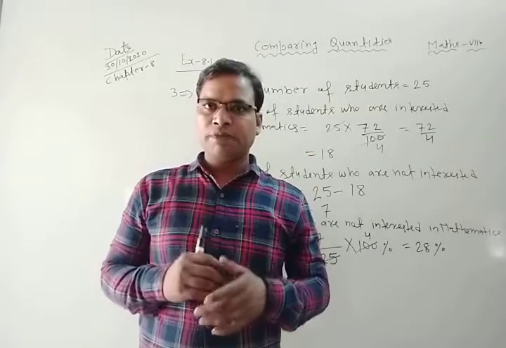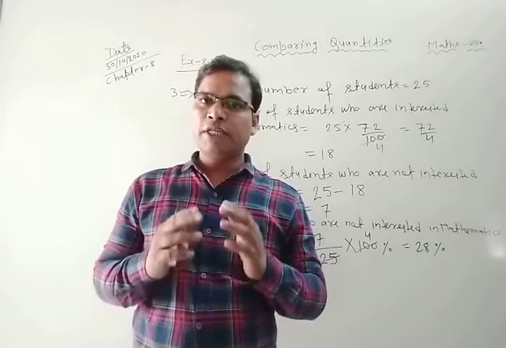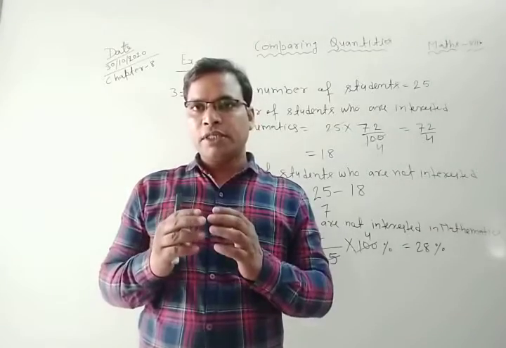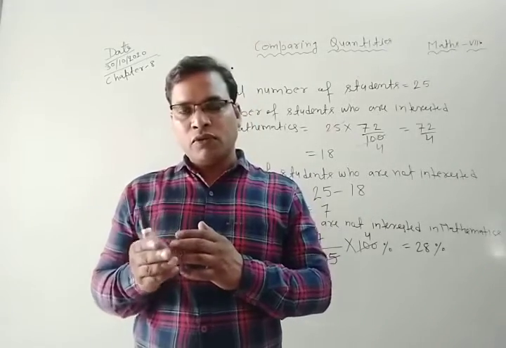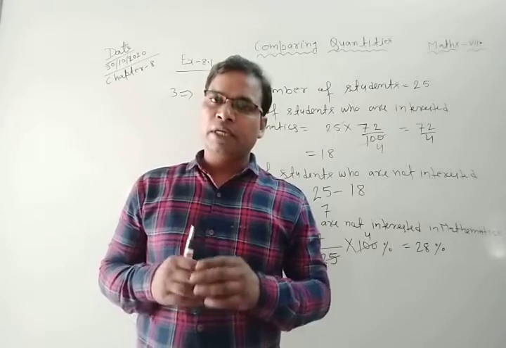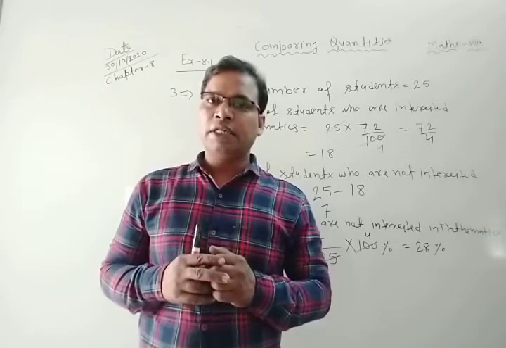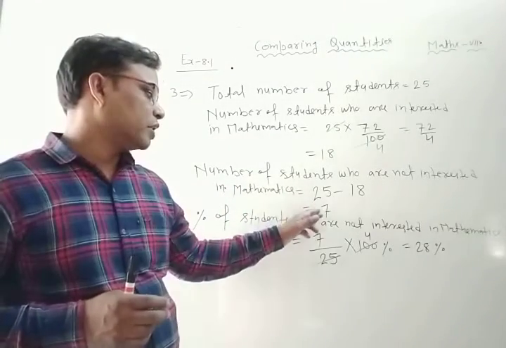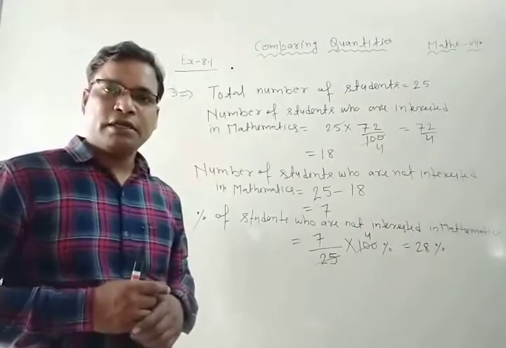The total is 25, and 18 students are interested. When you subtract 18 from 25, you obtain 7. So 7 students are not interested in mathematics.